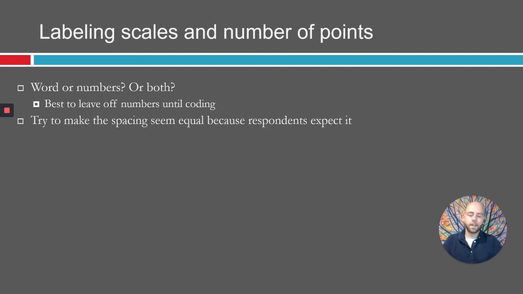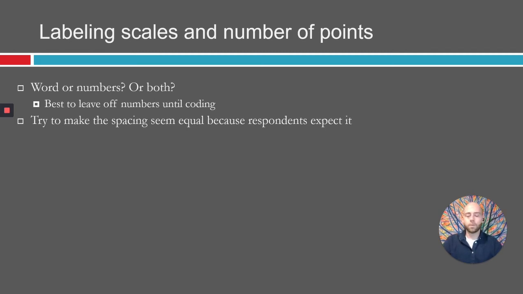Like I said, with this kind of interval problem, you want to try your absolute best to make a multiple point scale seem like it's equal. Respondents expect this: there's going to be equivalent space between the 1 and 3 answer as there is between the 3 and 5 answer, right? This can sometimes be difficult to make sure that your wording conveys that, partly because people interpret different words differently.